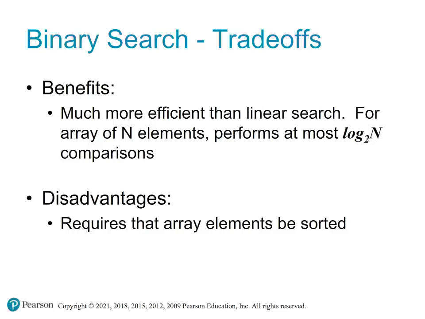If the array is not sorted, you will either have to sort it first, which has its own computational cost, or resort to using a different algorithm like linear search. To sum it up, binary search offers a higher efficiency method for finding elements in sorted arrays, but this comes with the precondition that the array must be sorted in advance.